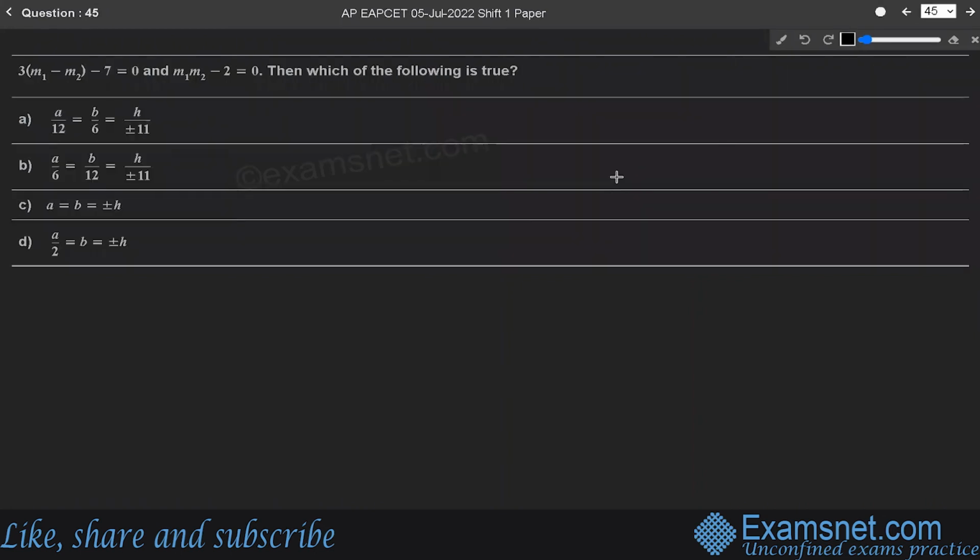Next question is 3 into (m1 minus m2) minus 7 is equal to 0 and m1 into m2 minus 2 is equal to 0. Then which one of the following is true? So we can write this equation as 3 into (m1 minus m2) is equal to 7 and m1 into m2 is equal to plus 2.